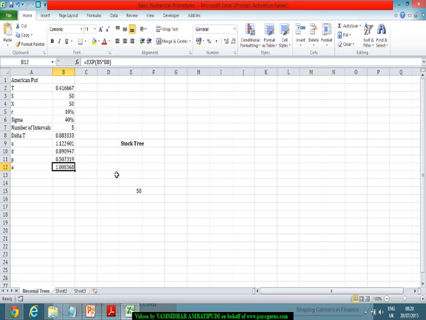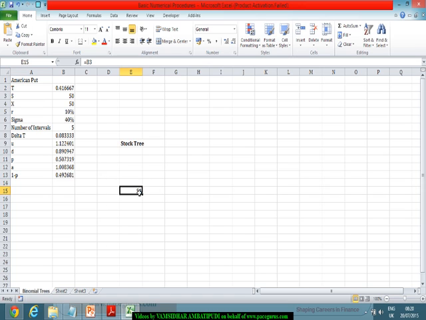This gives me a 50.7% chance of going up. The remaining probability of going down, 1 minus p, works out to around 0.49.